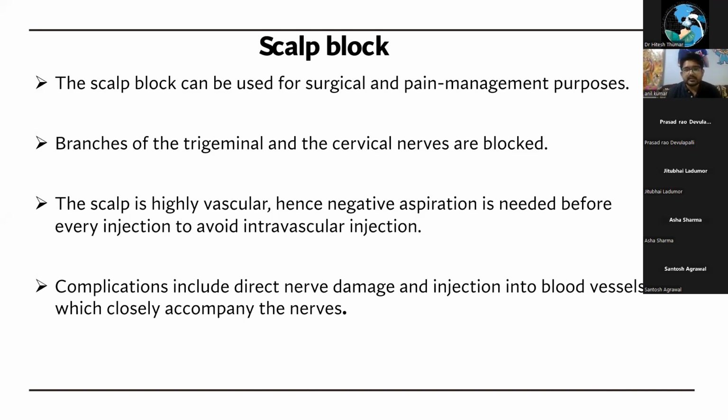We all know the scalp is highly vascular, so for every injection we must negatively aspirate, because of the chance of inadvertent injection into blood vessels, as all the nerves are associated with many blood vessels. So we must be very careful and do negative aspiration before giving the block to any nerve. The complications in the scalp block sometimes include direct nerve damage and injections into blood vessels, which closely accompany the nerves.